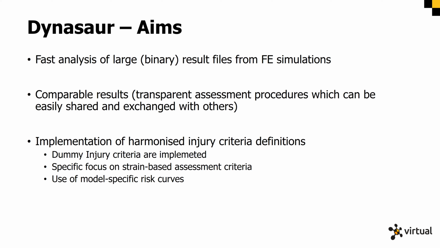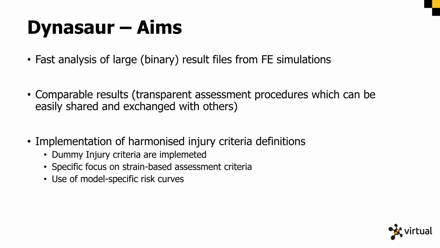You can read quite often in papers that someone has analyzed the strains, but you don't know how they were analyzed, which strains were analyzed, where they were analyzed. The same also goes for some of the criteria and risk curves. So our aim here was to have an open source tool where it's possible to easily share the whole procedures.